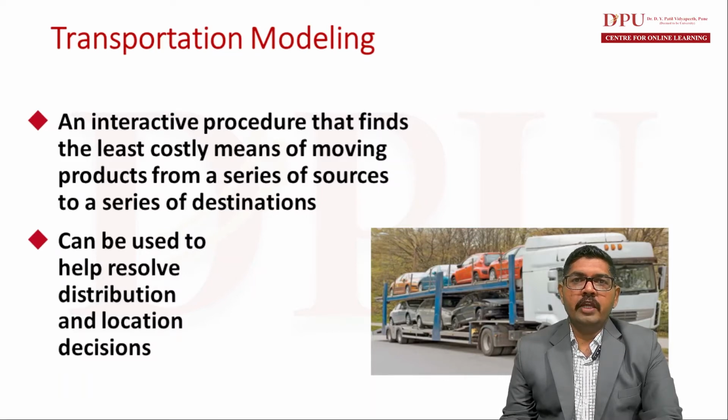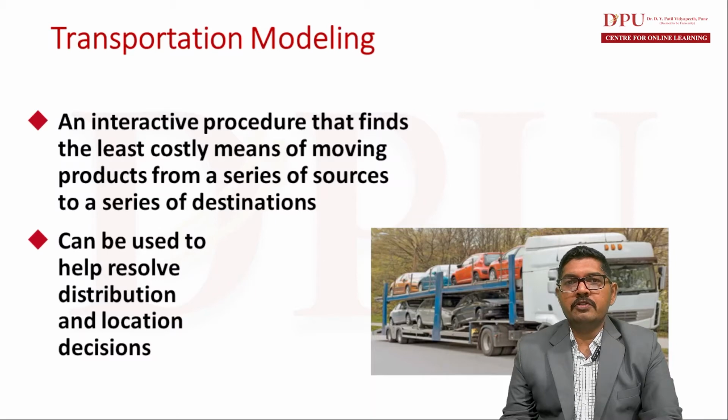There are various types of cost involved while transporting the manufactured goods from the manufacturing facilities to the warehouses. So this transportation model consists of finding the cost effective manner of transporting the goods from factories to the warehouses.